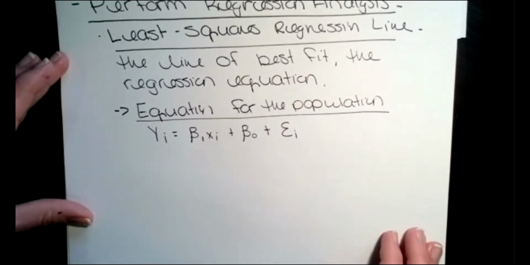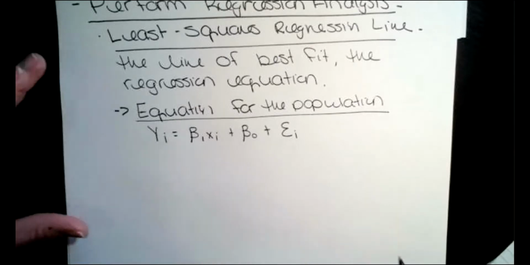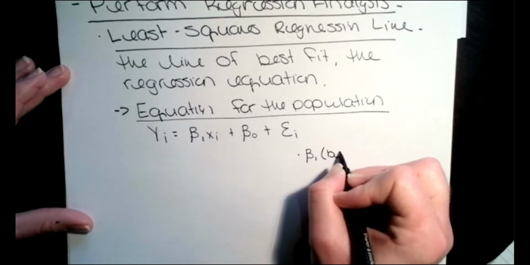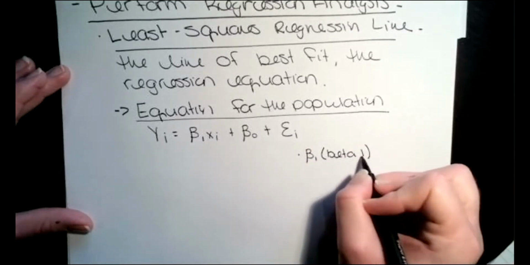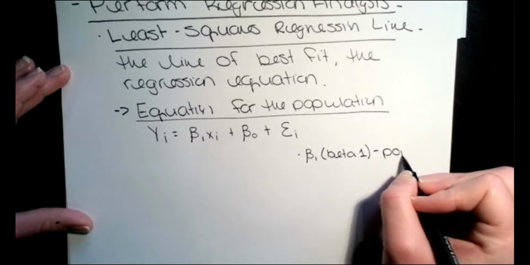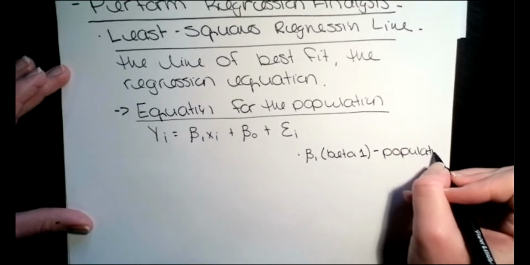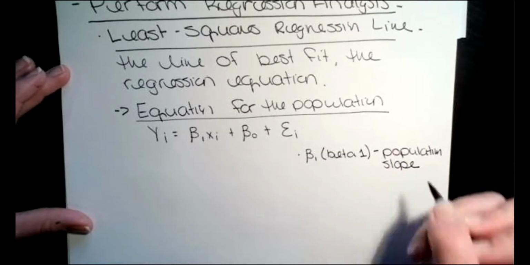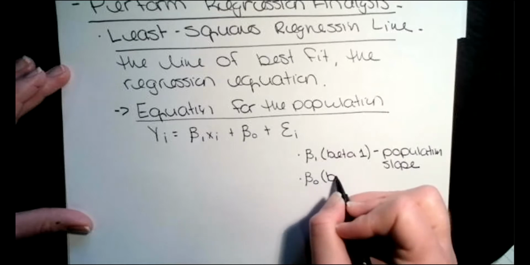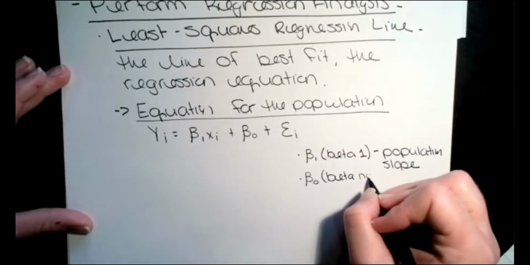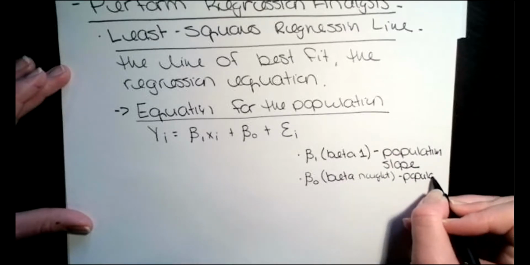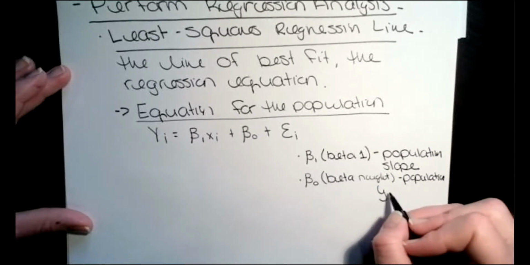I will tell you what all of these are because it kind of looks like a lot. So I'll write it over here. So beta 1, we all know beta 1, this is what we consider a population slope. Okay. And then we have our beta naught, and this is our population y-intercept.